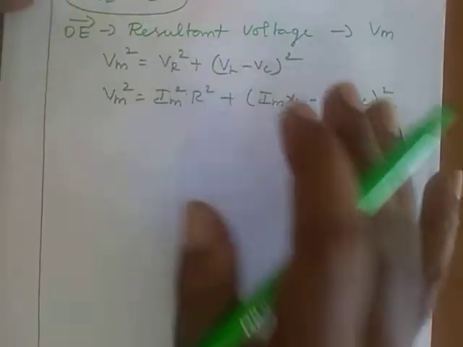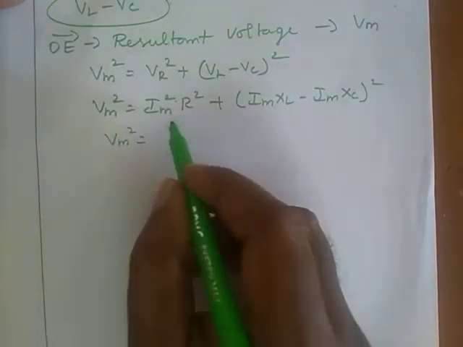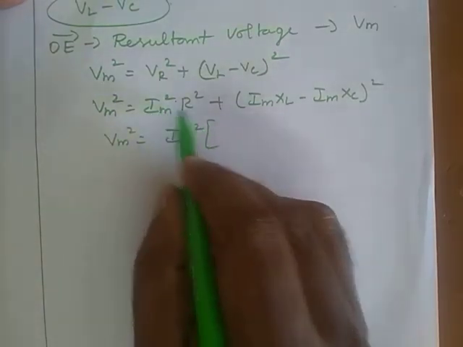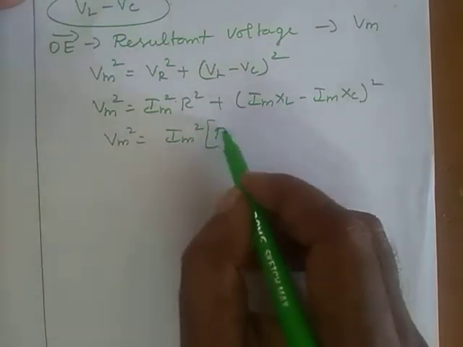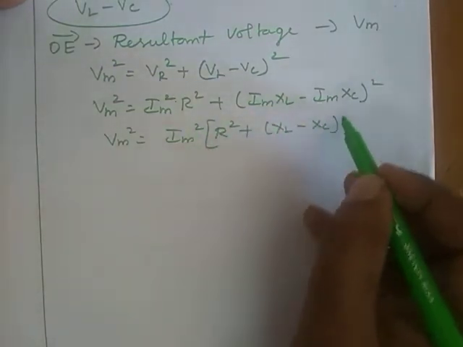Then Vm square is equal to Im square, taking Im square as a common term, times R square plus XL minus XC whole square.